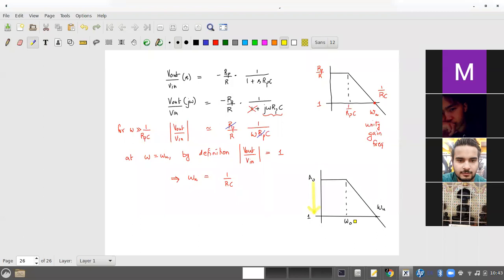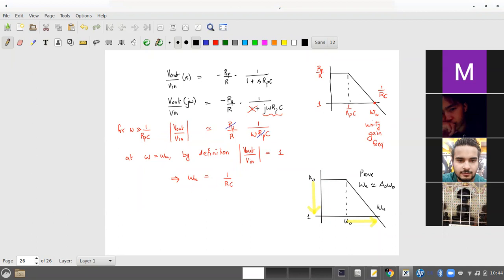You have gone down by A naught. Then you will go to the right by the same amount, A naught. You can prove, and I'll leave that as an exercise for you, that omega u is approximately A naught times omega naught. This is a result we'll use quite often. Does that work for the specific system that we have here? A naught is Rp by R, and omega naught is 1 by RpC. And so you get your omega u as 1 by RC.